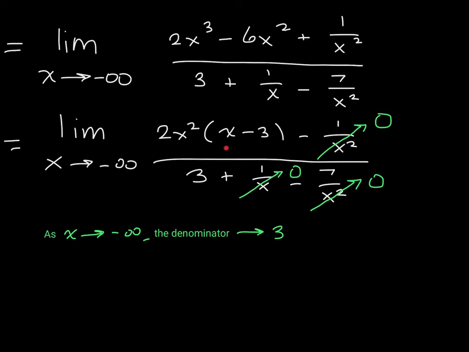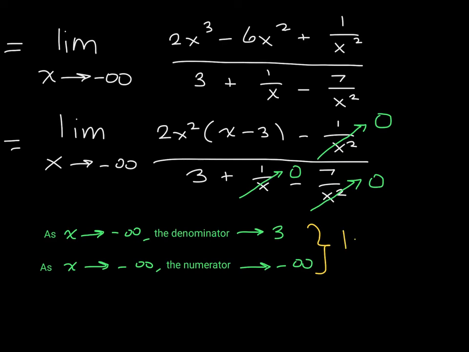And for this factor, x values are getting smaller, tending toward negative infinity, and then minus 3. So this is making the entire numerator approach negative infinity. We have a numerator getting very, very large in magnitude and a denominator that's fixed. Because of both of these statements, we know that the limit here is negative infinity.